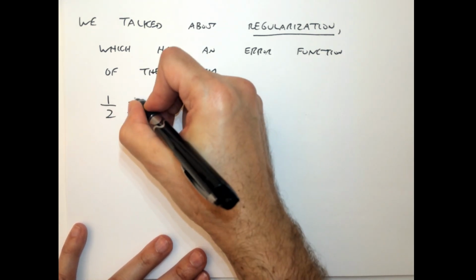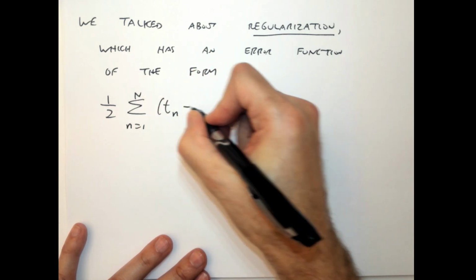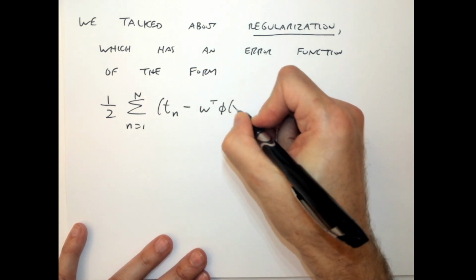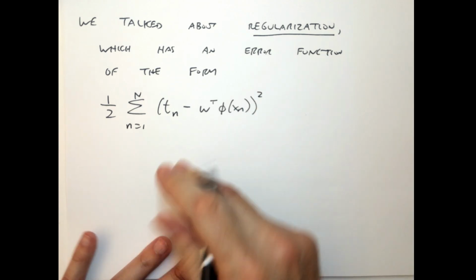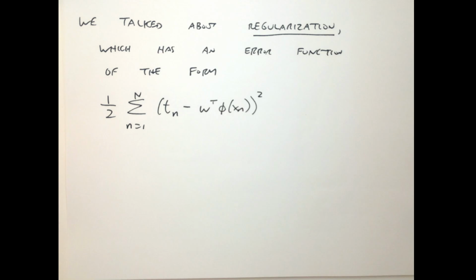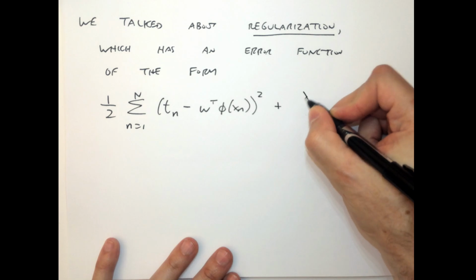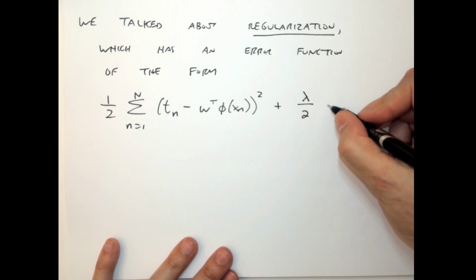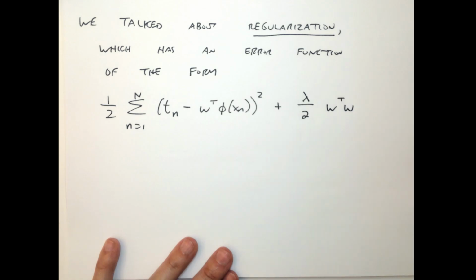This is my usual least squares error function, the usual data minus model errors. And then I can add to that, for example, something like this.